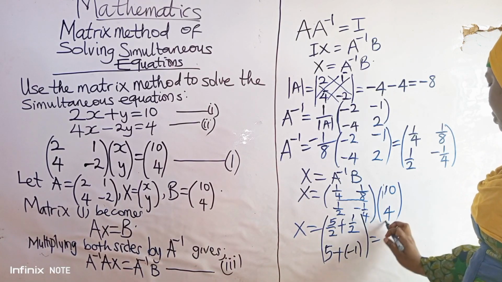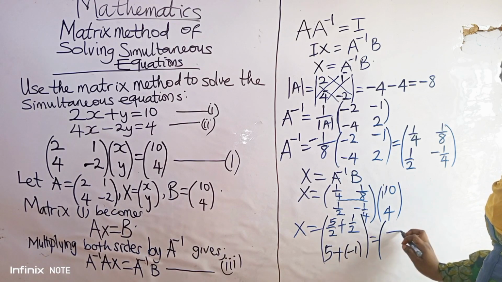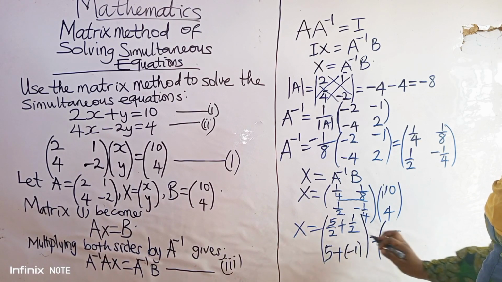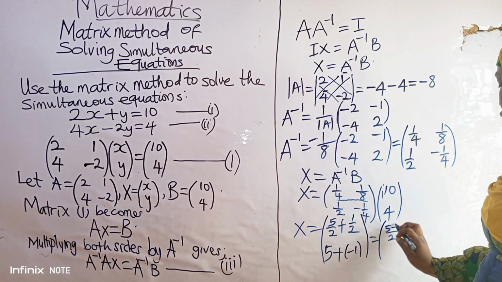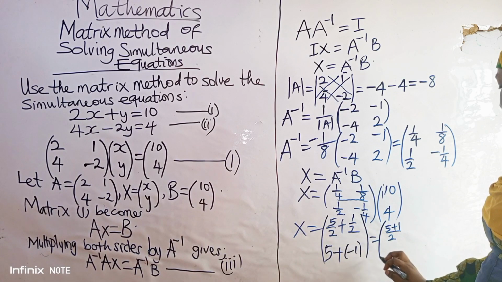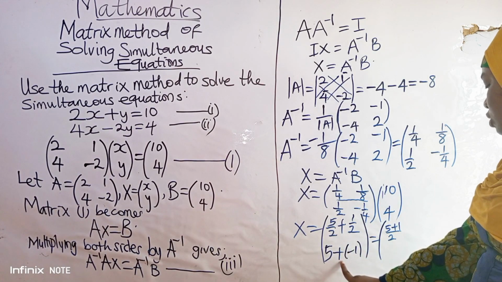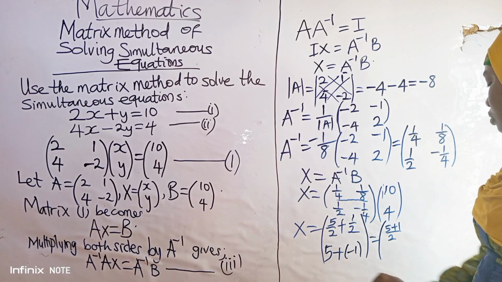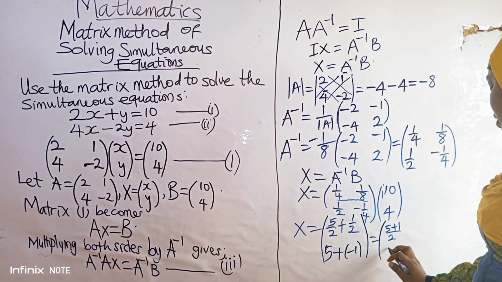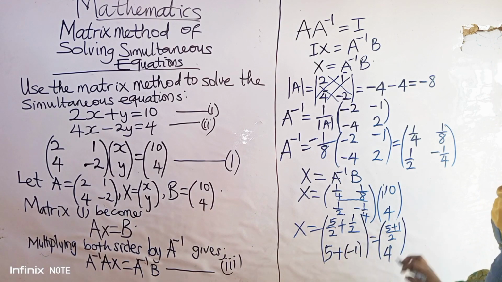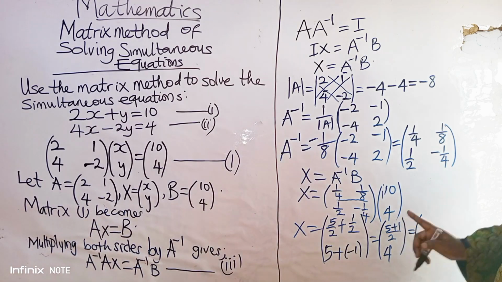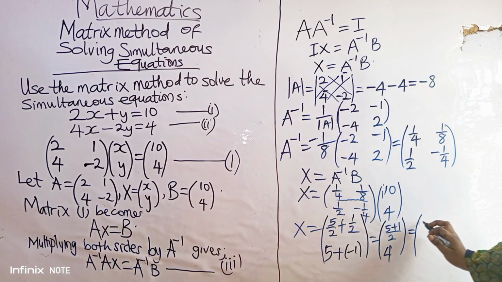If I find the LCM, I have 2. So I have 5 plus 1. Then here, plus multiplied by minus gives me minus. So I have 5 minus 1, and that is 4. Here, 5 plus 1 gives 6, 6 divided by 2 is 3. And here is 4.